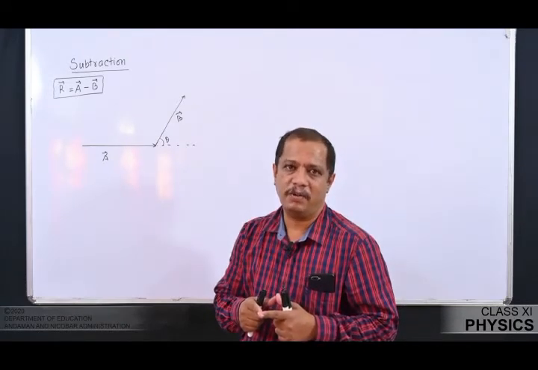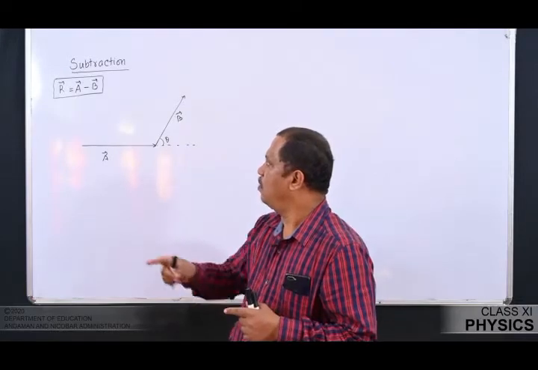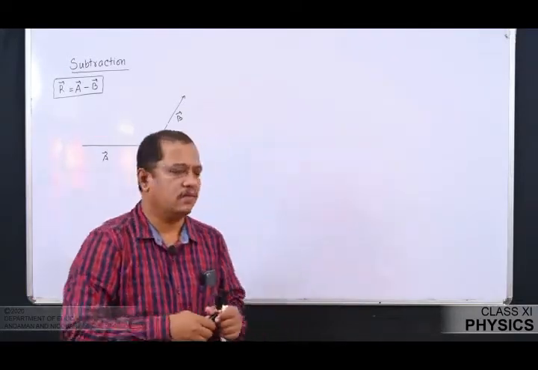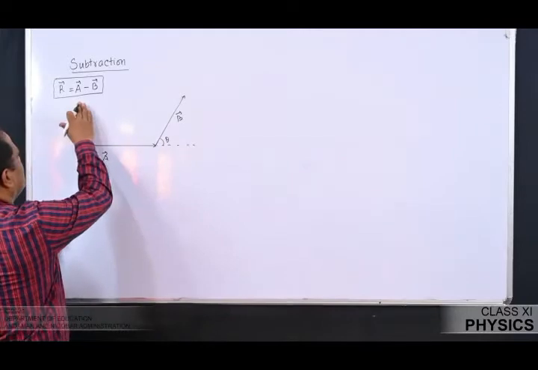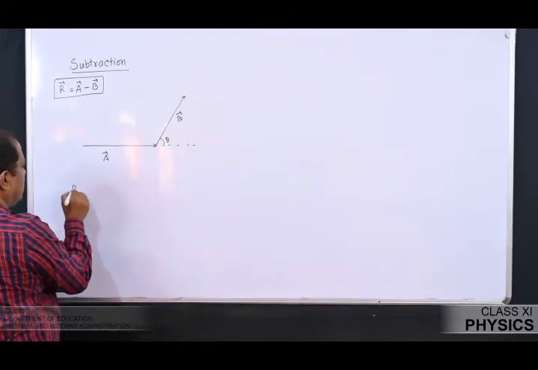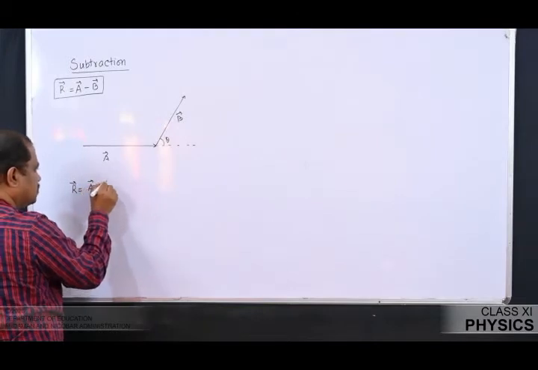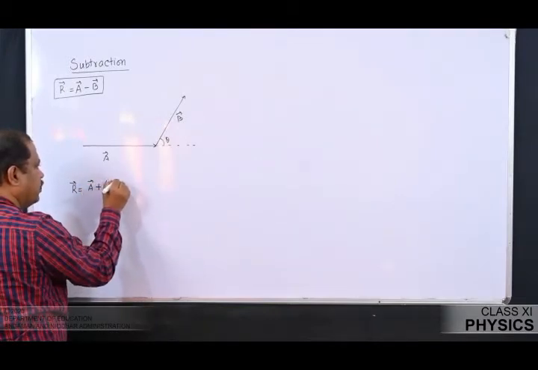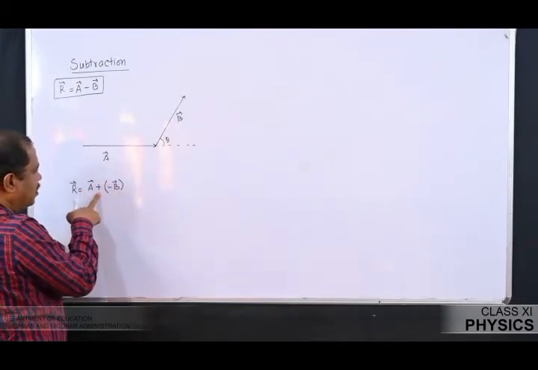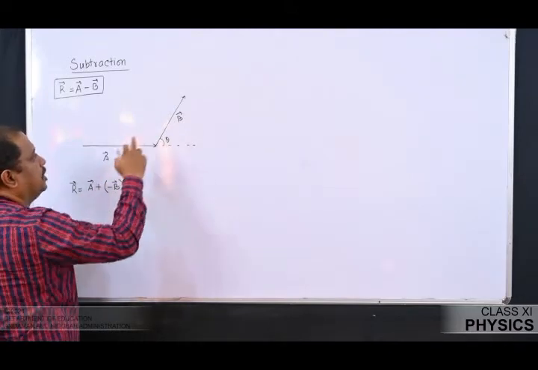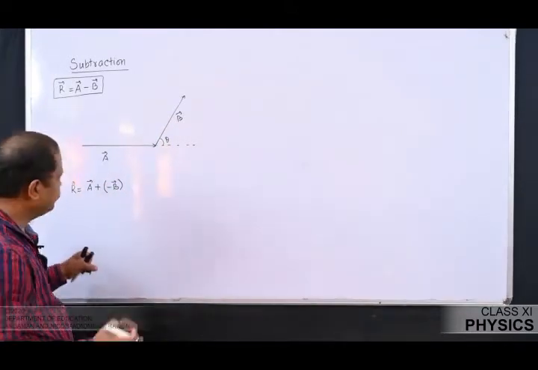It will also be an anti-parallel vector. So when I want to subtract, this can be done like this: R is equal to vector A plus minus of B. That means I am going to add the negative vector of B.